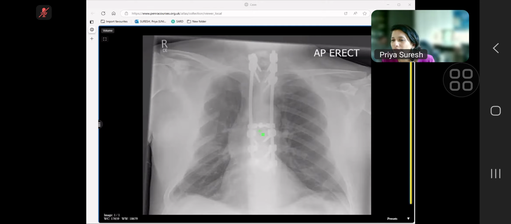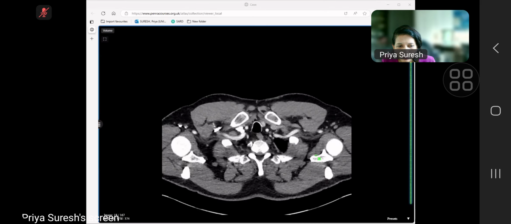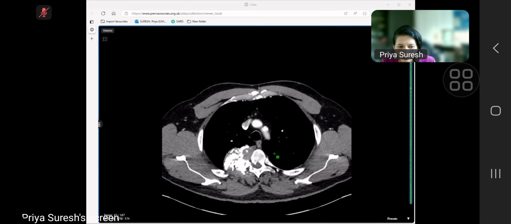It started invading down into T3, T4, and we did an MR of the spine also, but you can pick it up on the first CT. That's where it needs to be picked up, to say that it is doing something more, it's going into the canal.